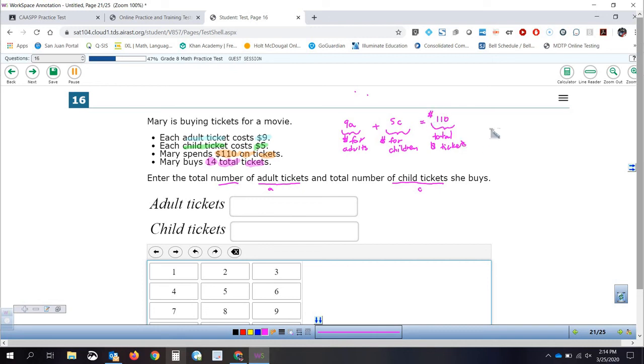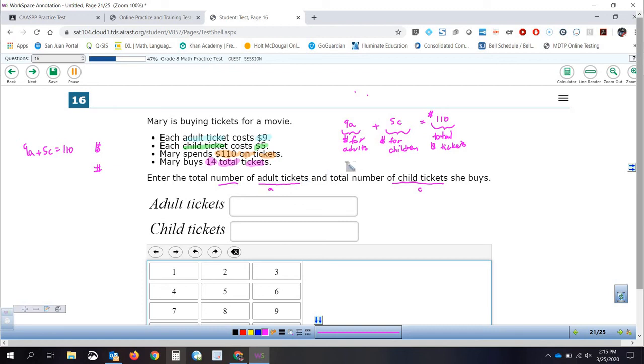All right. So that is our first equation. I'm going to go over here and write it. 9A plus 5C equals 110. All right, but we also have another equation. And it has to do not with how much money is being spent, but with the number of tickets. And this equation is actually much easier.